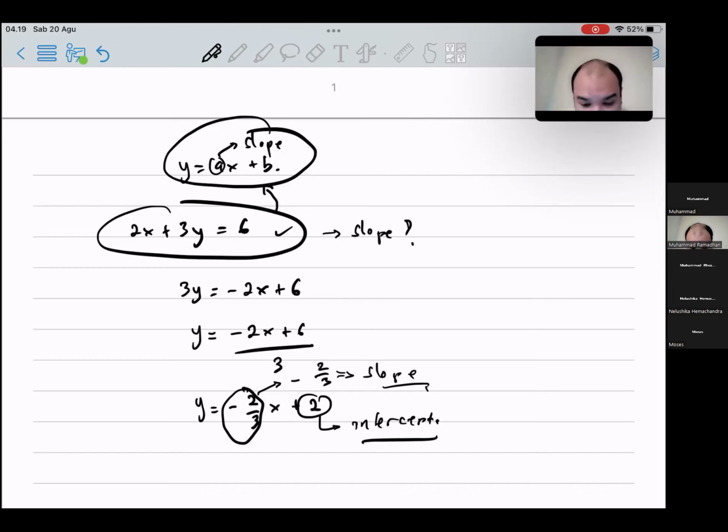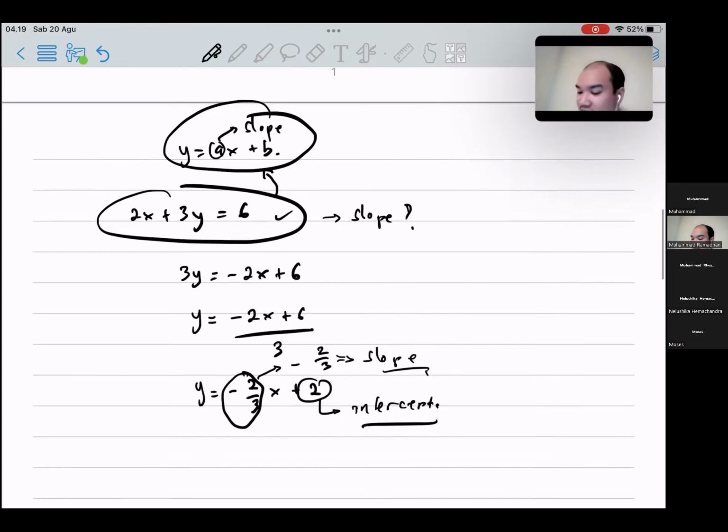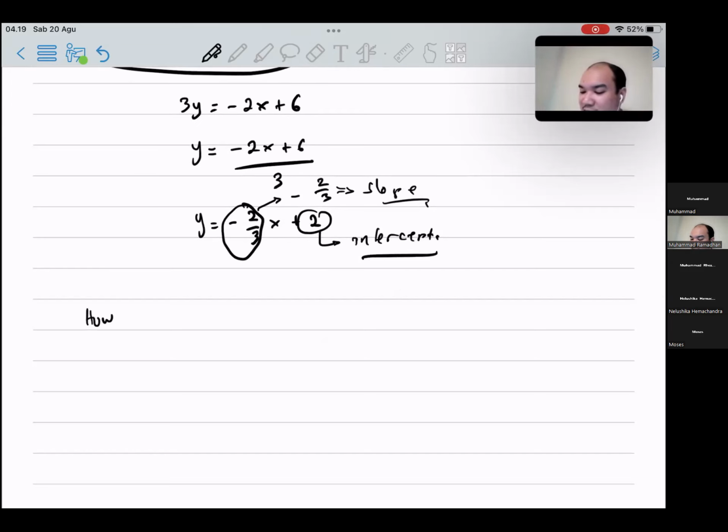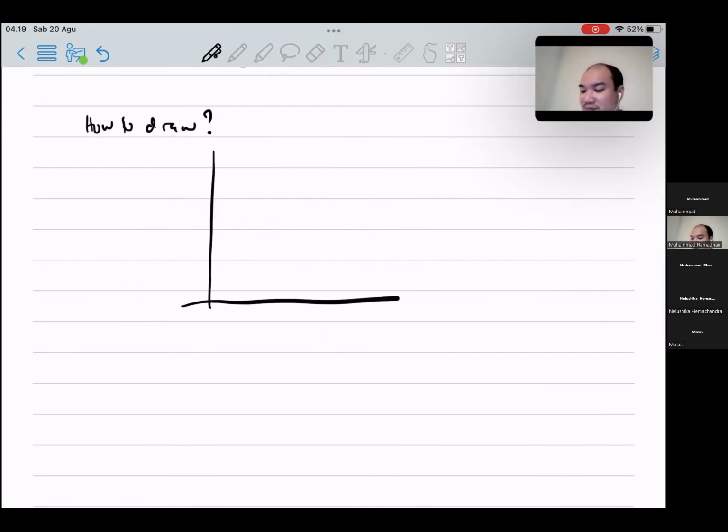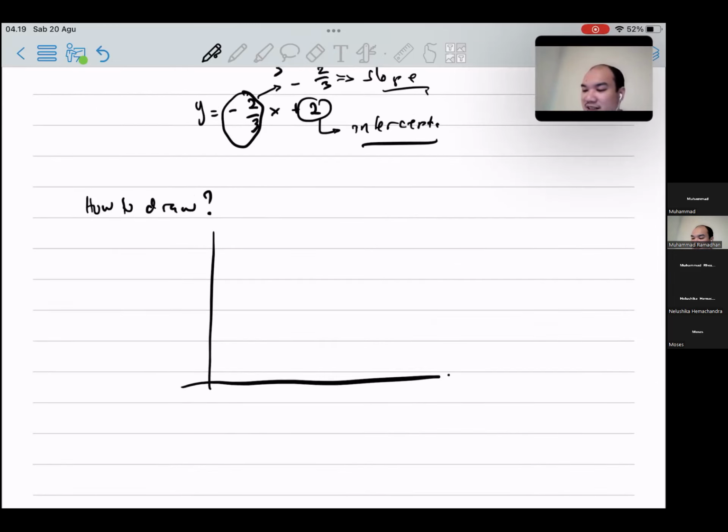And then how to draw it in a diagram like this. To draw the linear equation, firstly you have to determine when x equal to 0, what is y, and when y equal to 0, what is x.